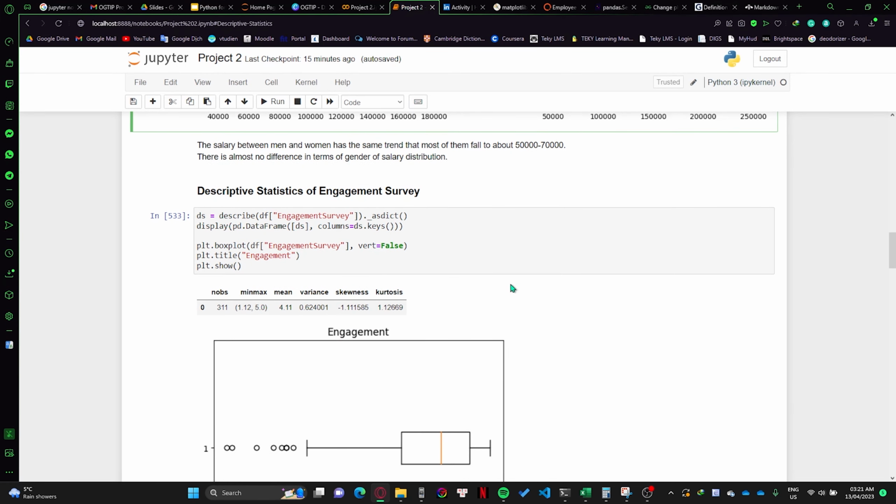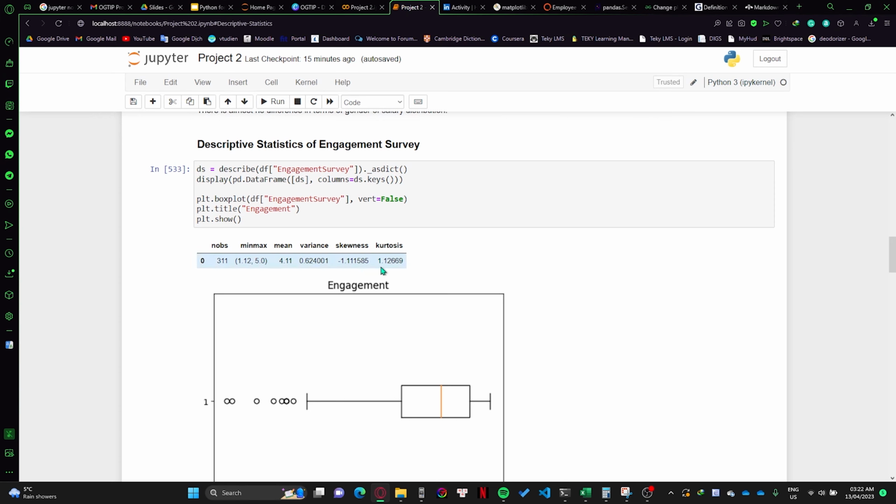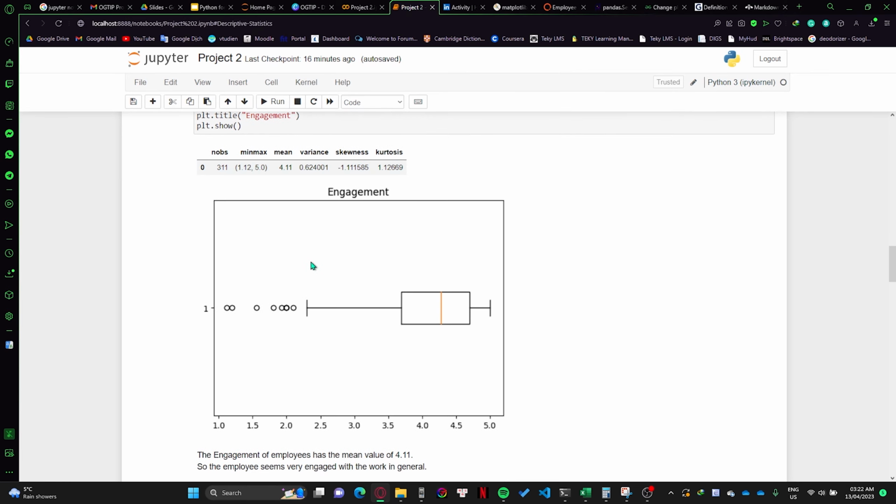Next, we will look at the statistic of the engagement survey. By looking at this descriptive statistic, you can see that the mean value of the engagement is around 4.1, which is really high.